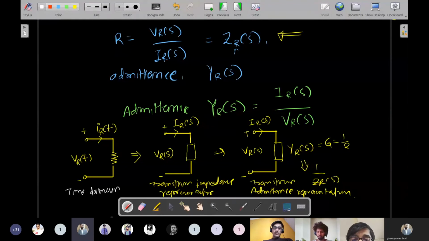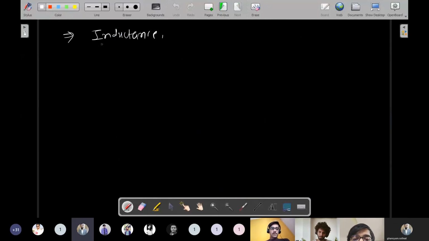Now, can anyone tell me what is the voltage across an inductor? Voltage drop across the inductor, the equation I'm asking. Voltage drop across inductance: L di by dt.